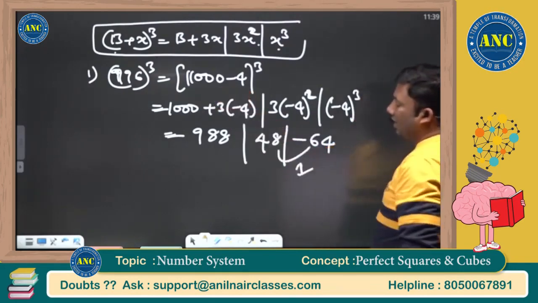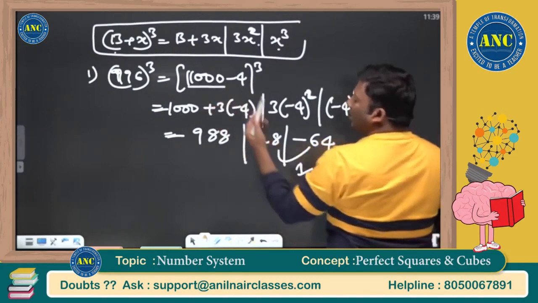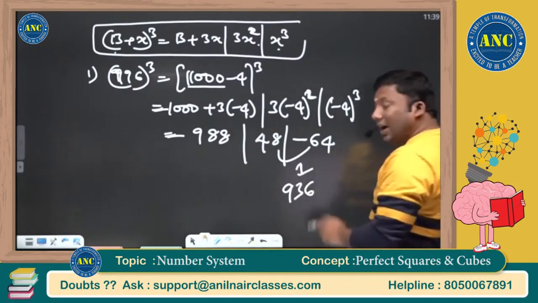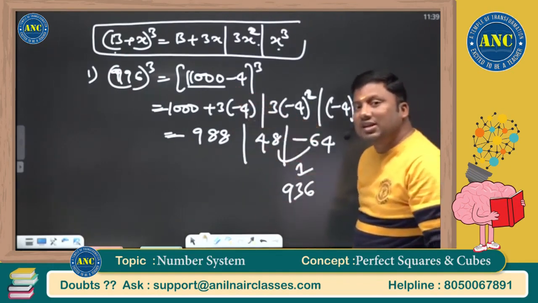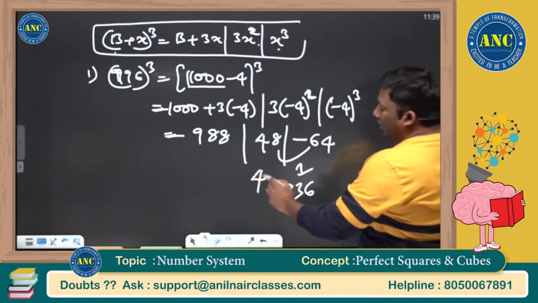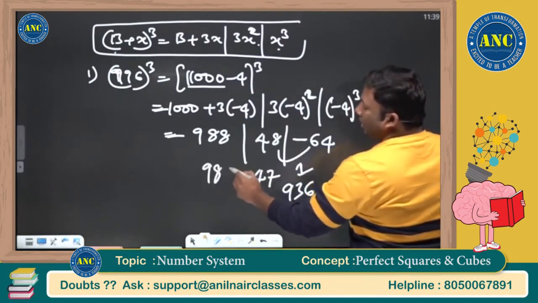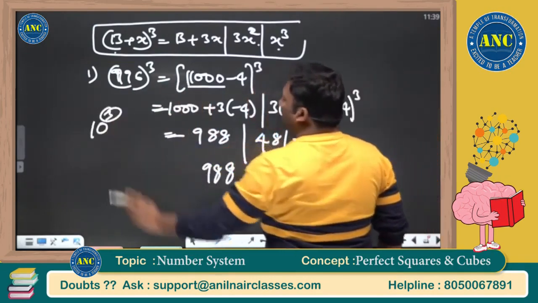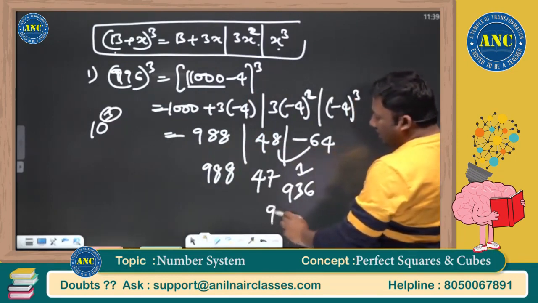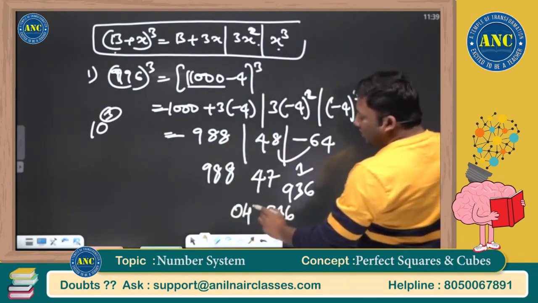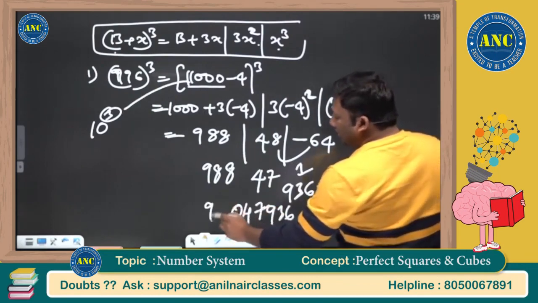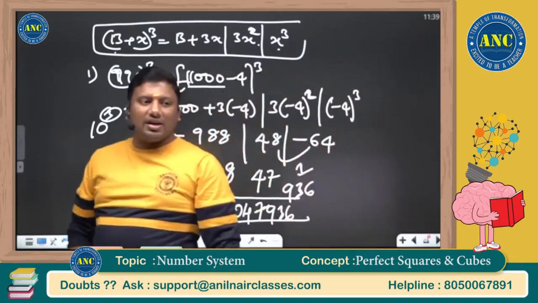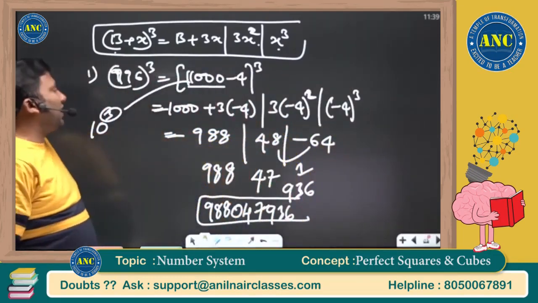No. 1 is carried. 1 is carried on a base of how much? 1000. 1000 minus 64 is 936. 1 became 1000 because 996 is nearer to 1000. 48, 1 carried, 47, and it is 988. 1000 is 10 power 3, so the last two places should have 3 digits. 936 is 3 digits. 47 in 3 digits is 047. And it is 988. You can check with the calculator whether the answer is right or wrong. I hope it is clear.